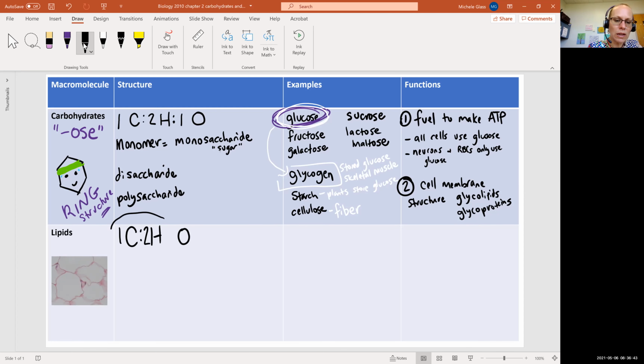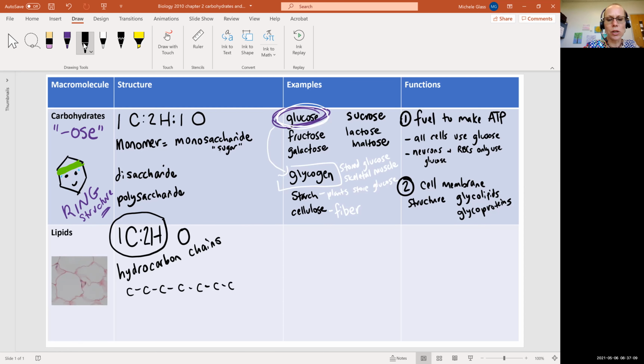So we really think about our lipids as these long hydrocarbon chains. There is oxygen there, but again, it's going to be on the end of the molecule. These long hydrocarbon chains are carbon bound with carbon.